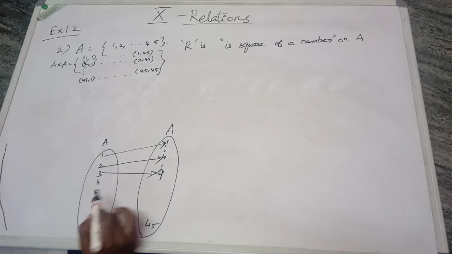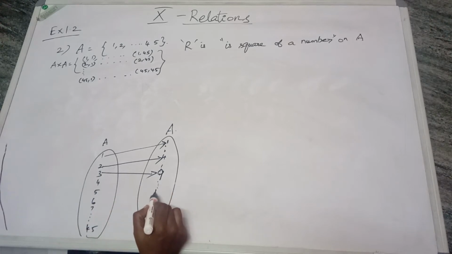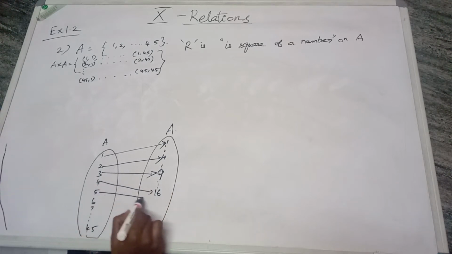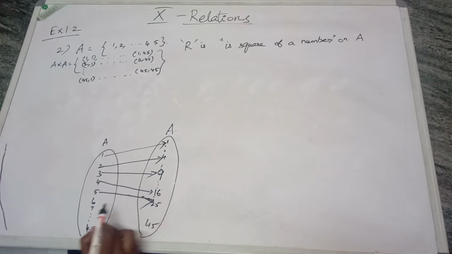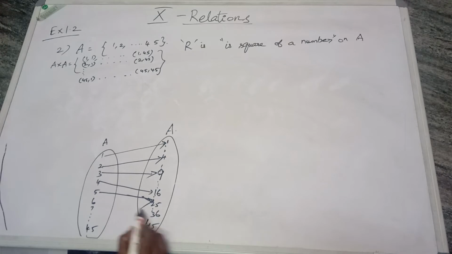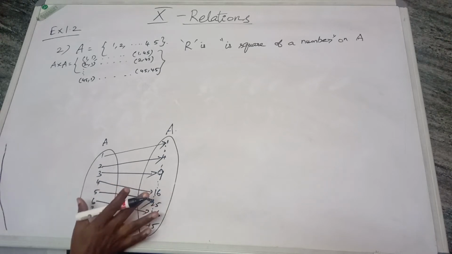Then 4 is related to 16, 5 is related to 25, and then 6 is related to 36. 7 should be related to 49, but in the set A we have only up to 45. There is no 49, so we can have only such pairs.